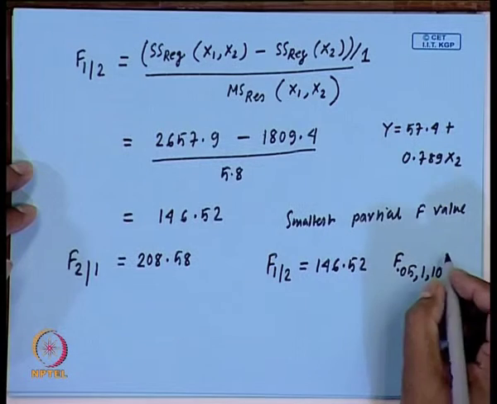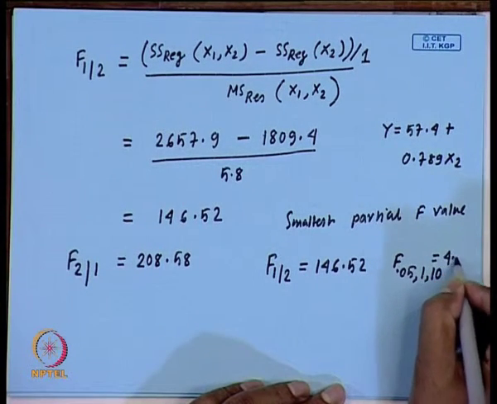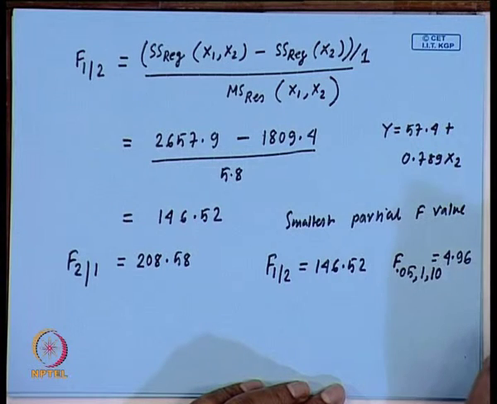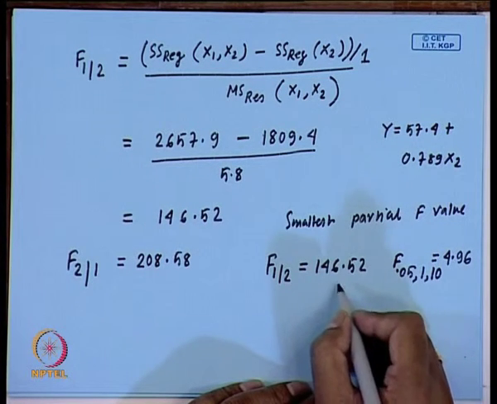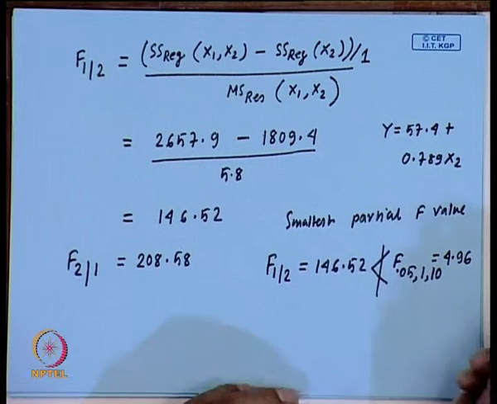So, the residual degree of freedom will be 13 minus 3, so that is 10, okay, and this value is equal to 4.96, but this one is not smaller than this one.